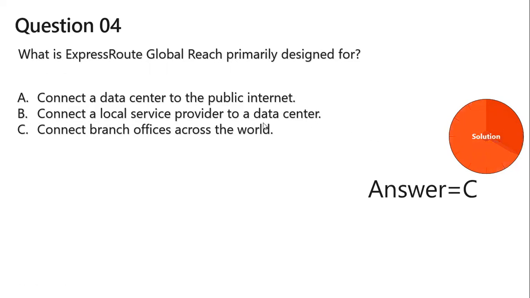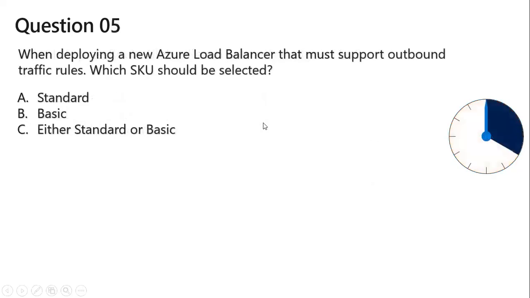Now, moving ahead with question number 5. When deploying a new Azure load balancer that must support an outbound traffic rule, which SKU should be selected? Standard, basic, or option number 3, either standard or basic. Please put your answers in the chat.